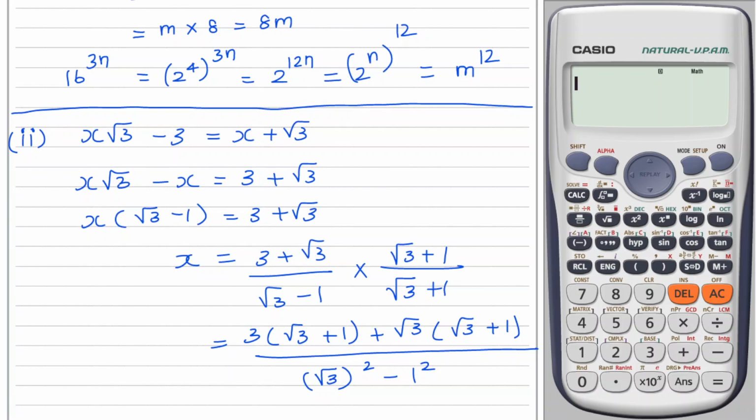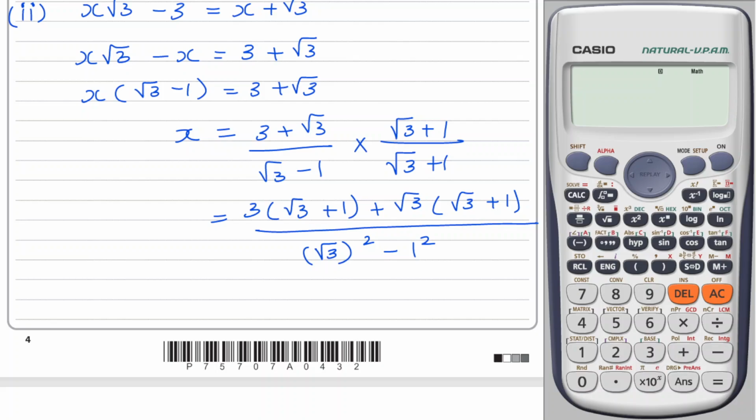That is the simplified way of a minus b and a plus b. Now we can write our final answer. So this is 3 root 3 plus 3 plus 3 plus root 3, divided by root 3 square, which is 3, minus 1.